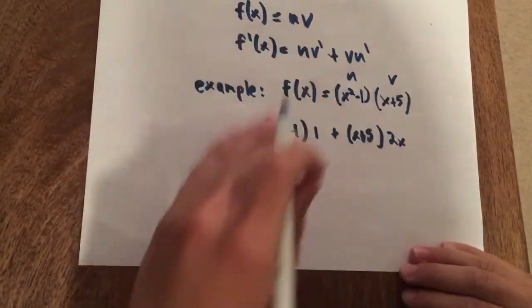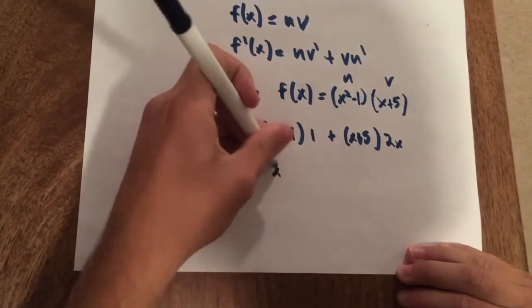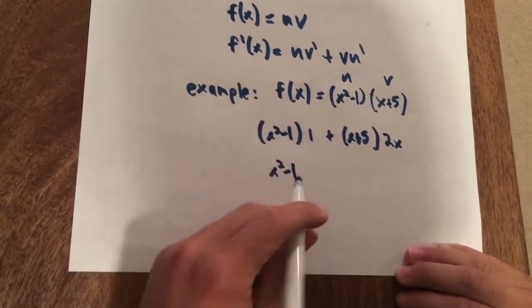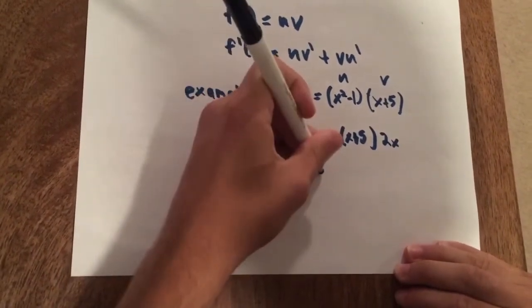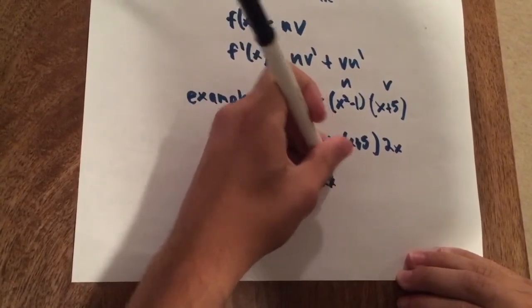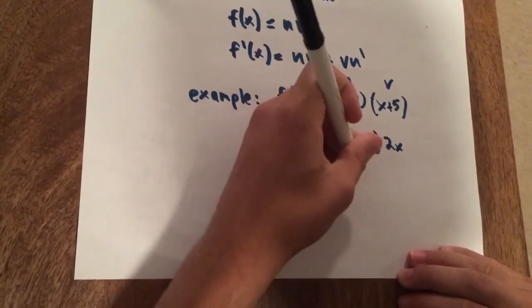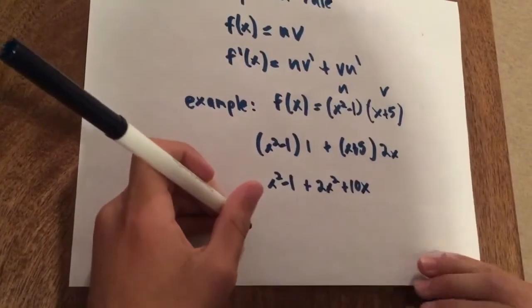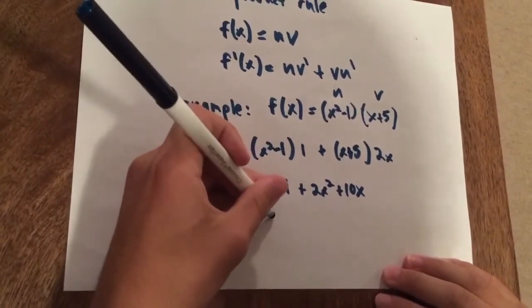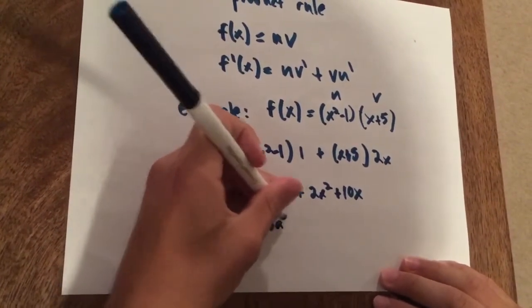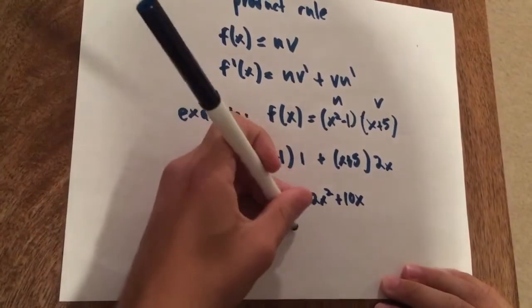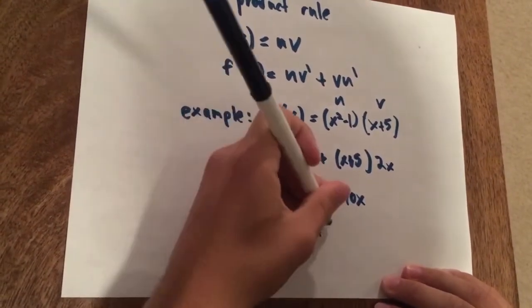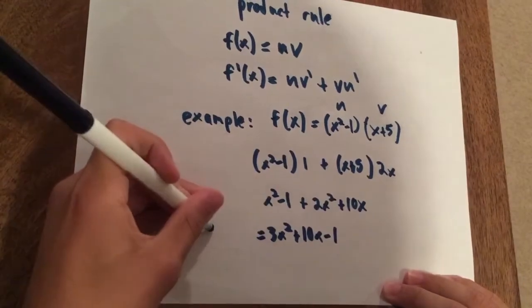So then you just do all the math, so you're going to have x squared minus 1 because you're just multiplying by 1, plus 2x squared plus 10x. And then you add the x squared plus 2x squared, and then you have plus 10x minus 1, and that's going to be the derivative.